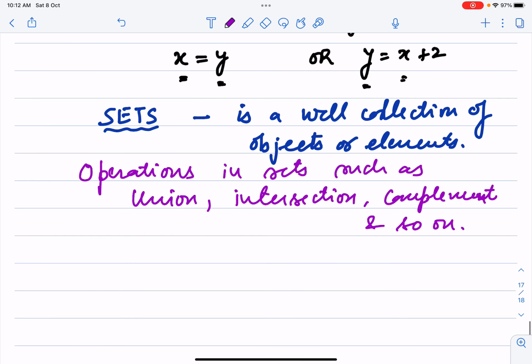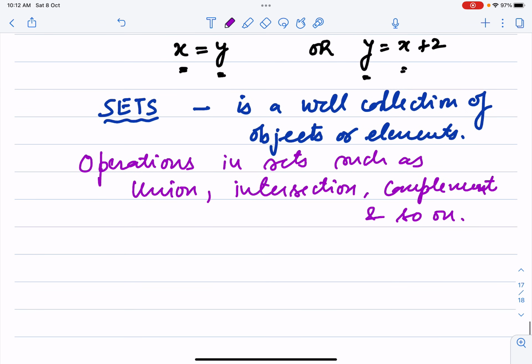So there is one more operation which we have left in the chapter Sets, which we will be learning now, and that is called Cartesian product.